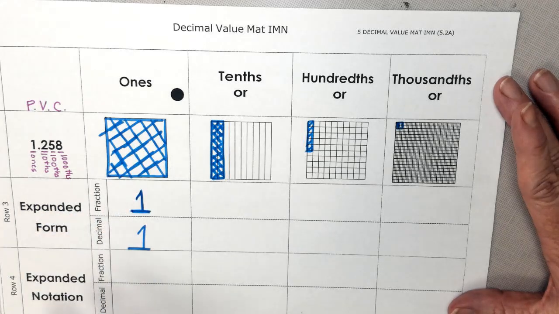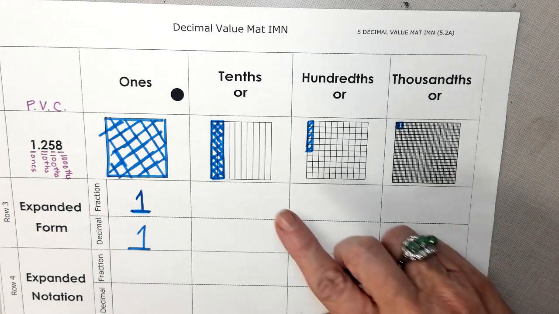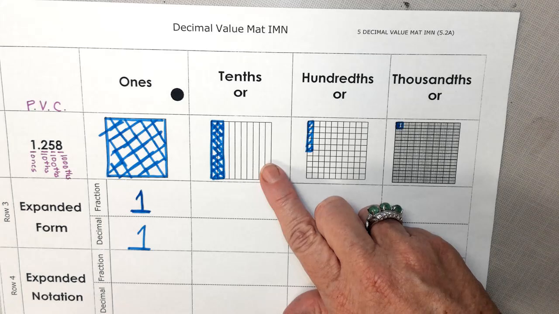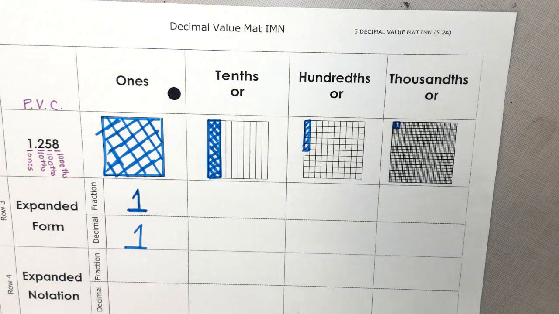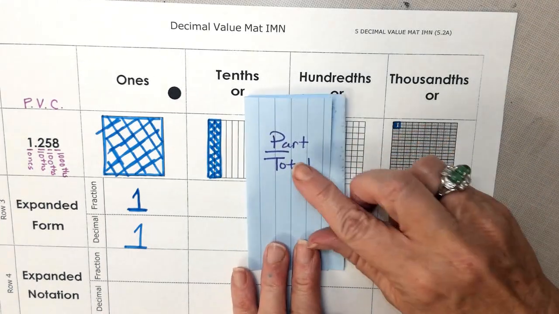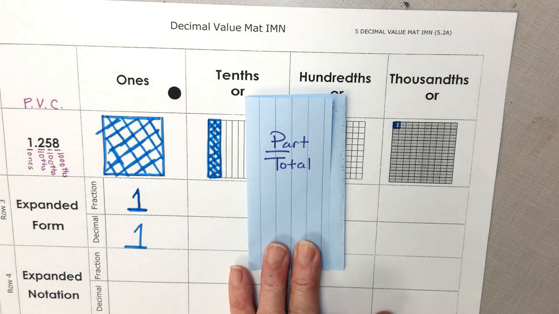There's no other way to decompose that. But when I think about the tenths, anytime we want to write fractions, we always want to think about part over total. And if you'll use that to help you build a fraction, it'll never be hard.